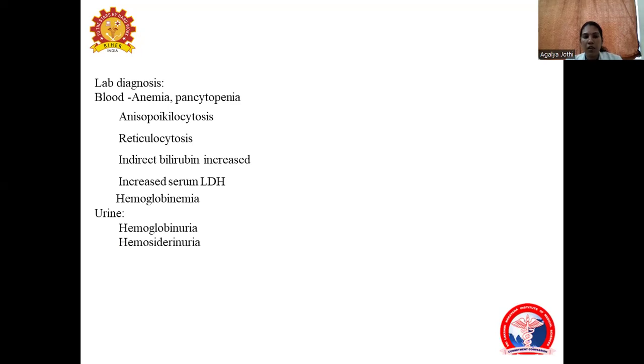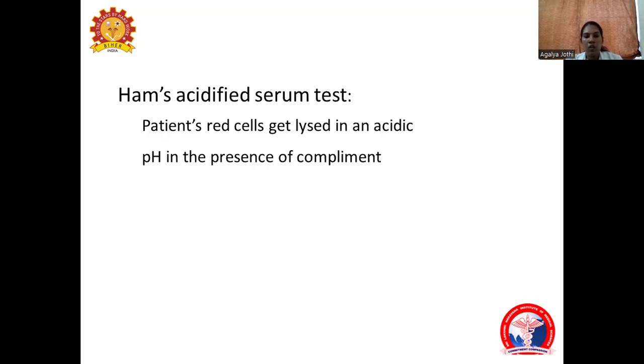Reticulocytosis, increased indirect bilirubin, and increased LDH. The specific test for paroxysmal nocturnal hemoglobinuria is the acidified serum test, the Ham test. The patient's red cells get lysed in acidic serum in the presence of complement.